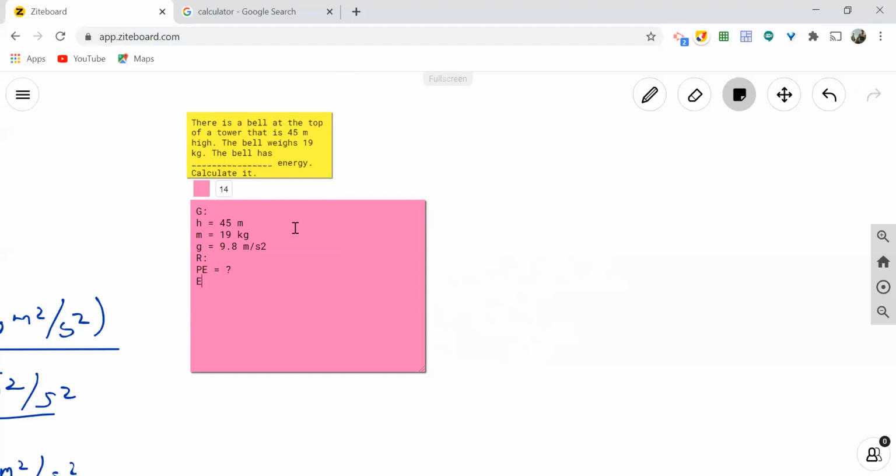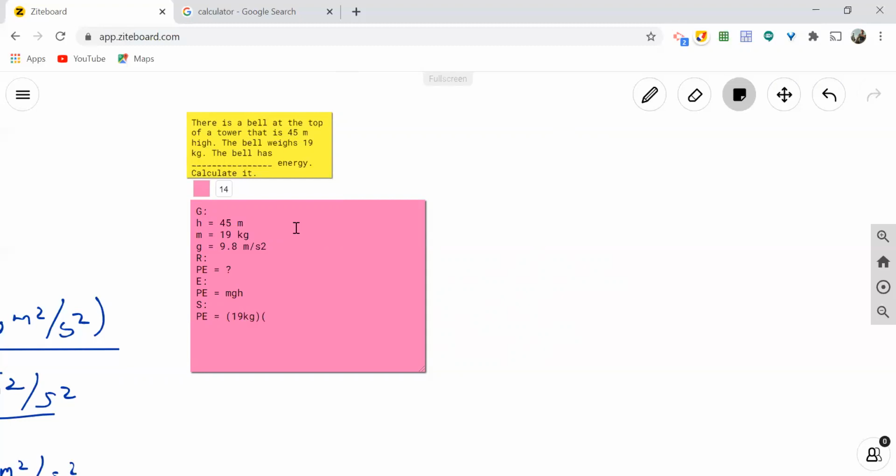Since we're looking for potential energy, then PE is our required. All right. And the formula to be used: PE is equal to mgh, or simply that we're going to get the product of the mass, then acceleration due to gravity, then multiply it to the height. Then the solution. All you need to do is to substitute the given to our equation. PE is equal to our mass, which is 19 kilogram.